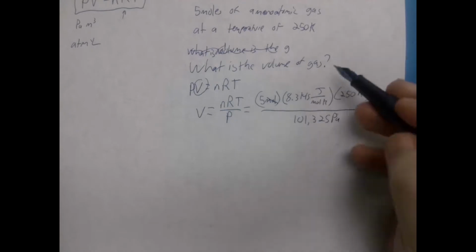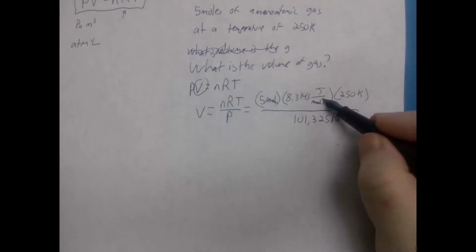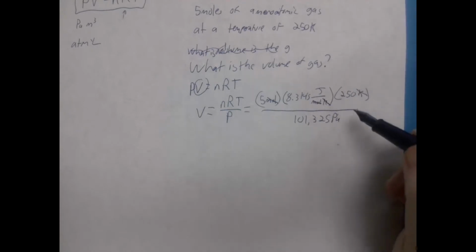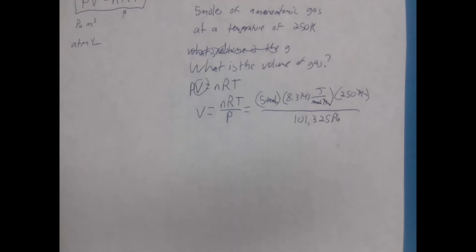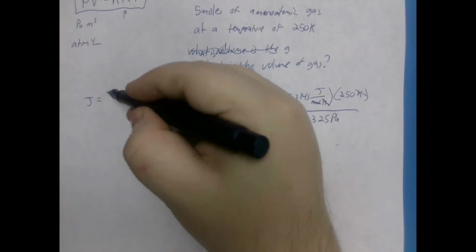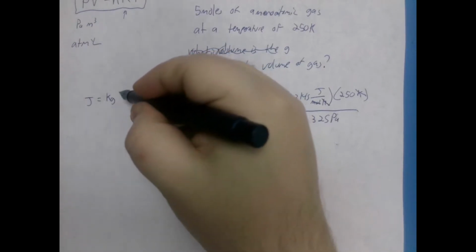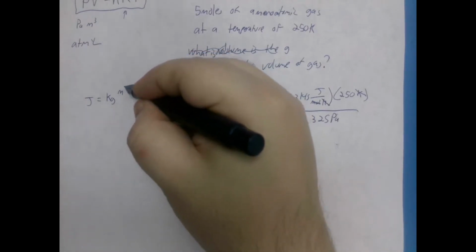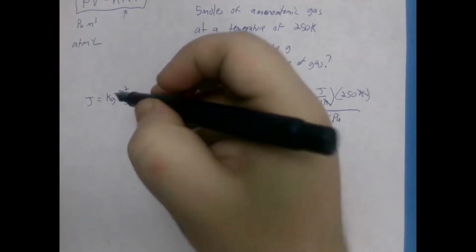So mole cancels out with mole. Kelvin cancels out with Kelvin. A joule is equal to a kilogram times a meter squared per second squared.